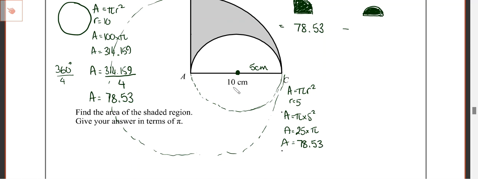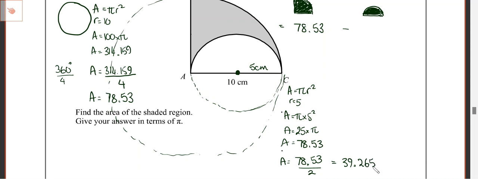Now, you will notice that that number is actually the same as the quarter of the area. Now, this is one of those interesting things. How much of that do we want, though? Half of it. So we're going to do 78.53 divided by 2 gives you 39.265.